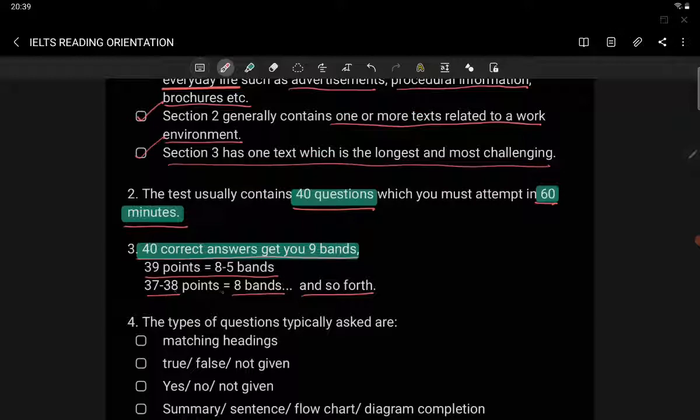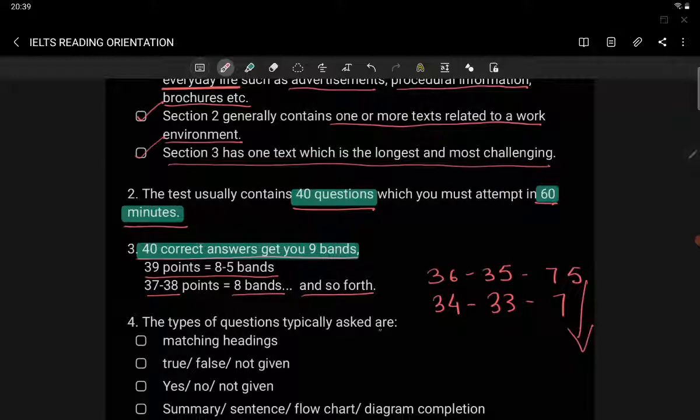Like 37 and 38 get you 8 bands. So 36 and 35 will get you 7.5. All right. And 34 and 33 will give you 7. So on and so forth. You can keep counting downwards.